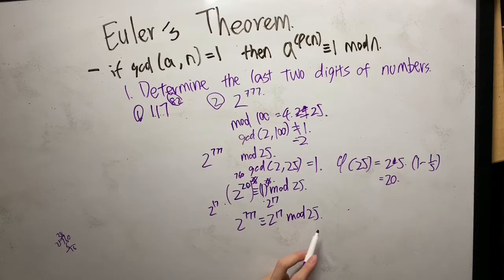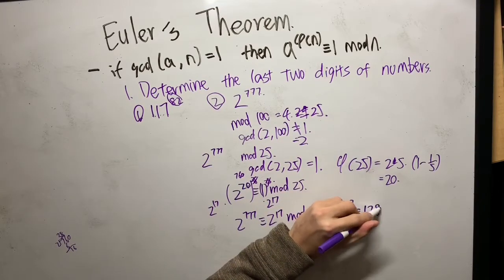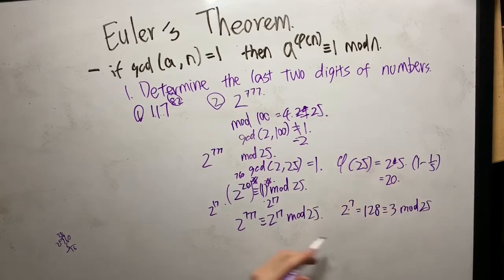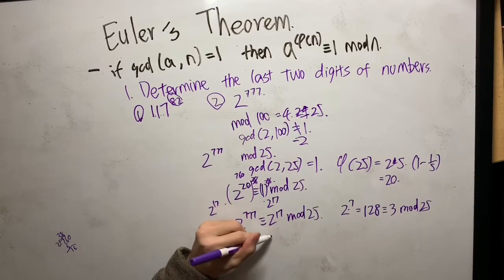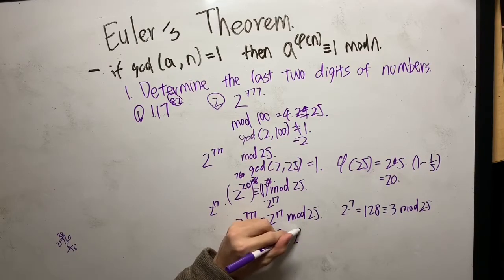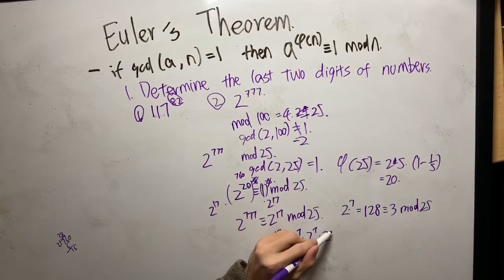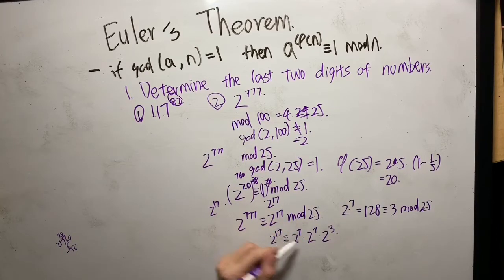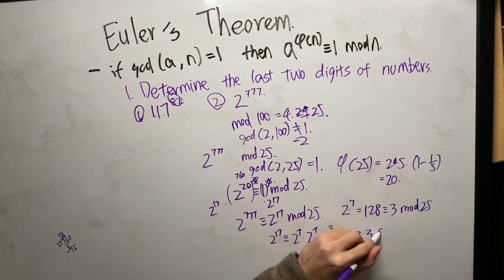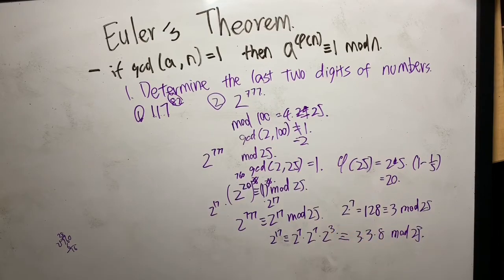For mod 25, we have 2^7 equals 128, which is congruent to 3 mod 25. Thus, we can simplify 2^17 as 2^7 times 2^7 times 2^3, which is congruent to 3 times 3 times 8 mod 25.